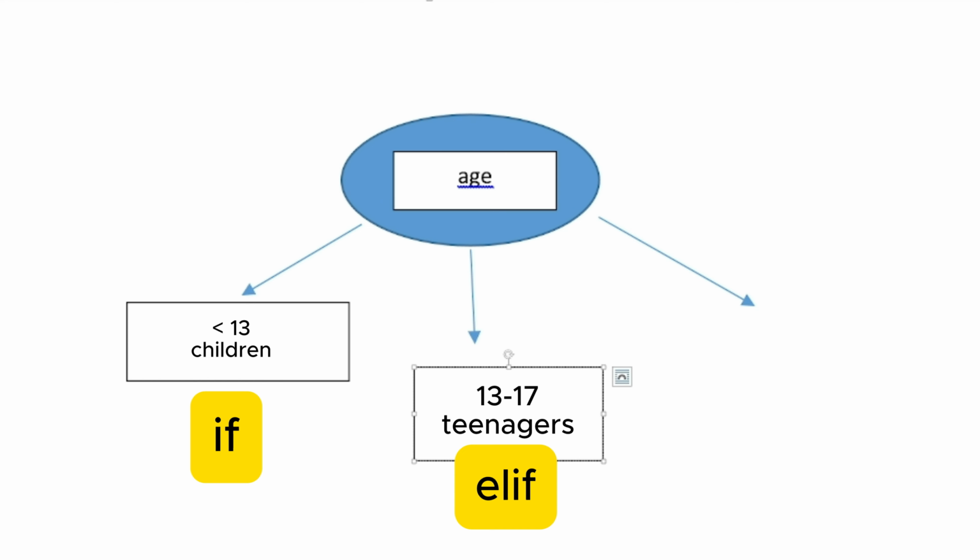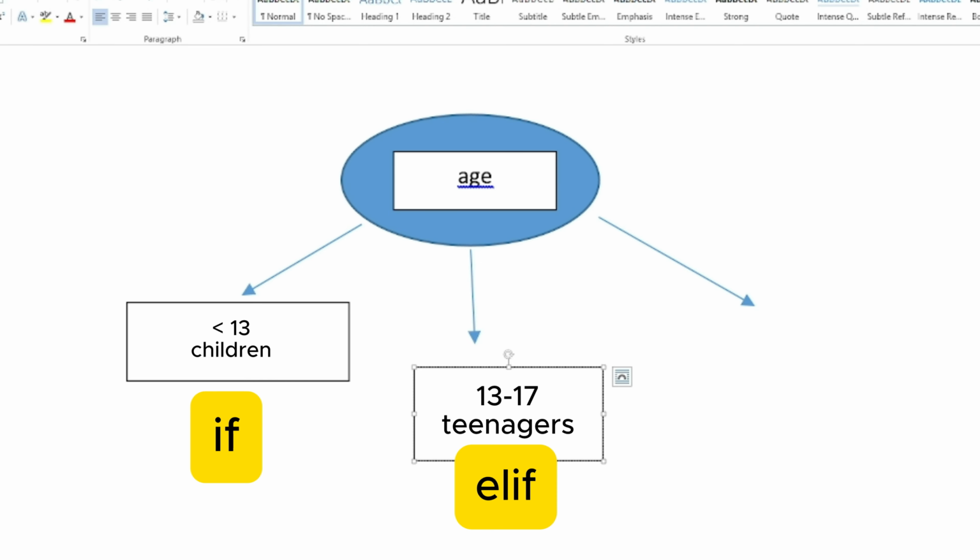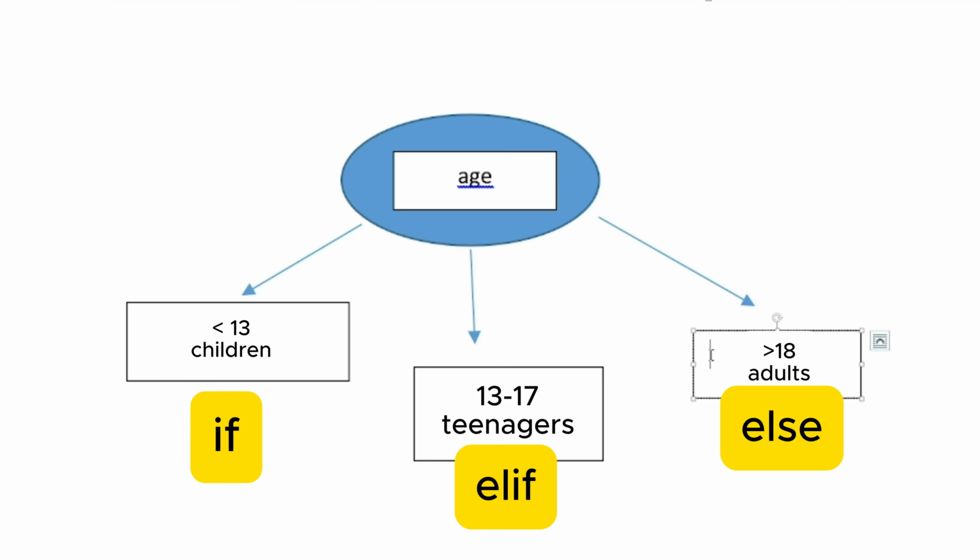Then we have another condition, from 14 till 17 years old. These people are teenagers. So this condition you will write with elif. And for the other people, if they are not under 14 and not from 14 to 17, we will use else, and this will be already more than 18 years old.